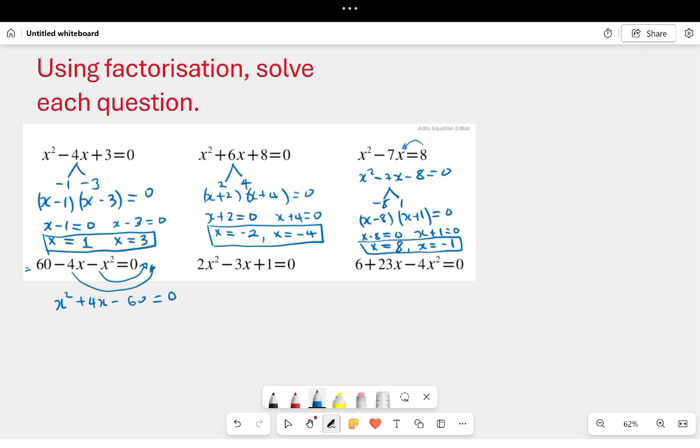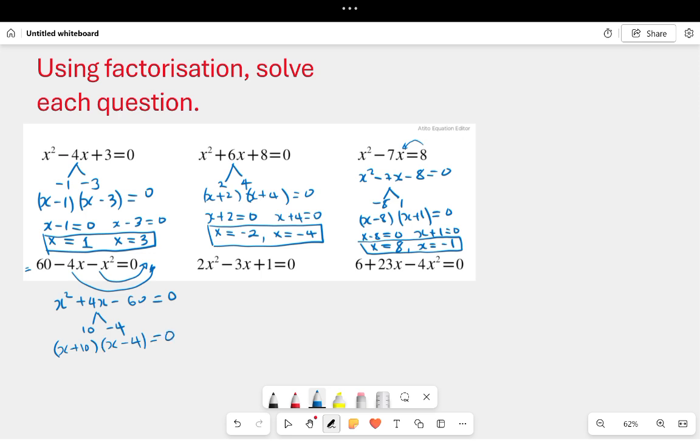Now we need two numbers here. When I add, I'm going to get +4. When I multiply, I'm going to get -60. The two numbers are 10 and -4. And therefore, the factors are going to be x plus 10 and x minus 4 is equal to 0.